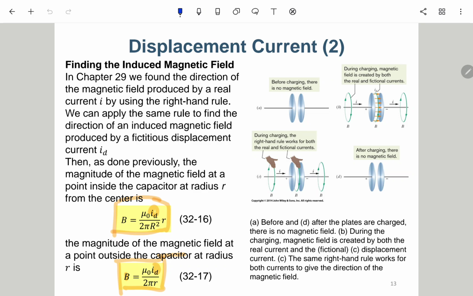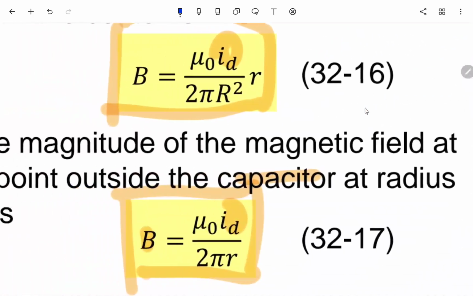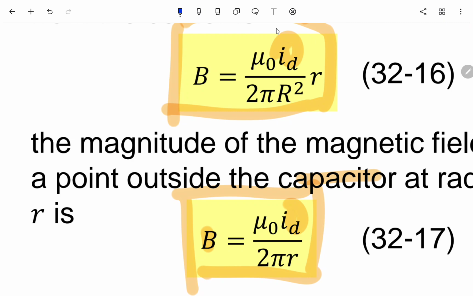But here we don't have a wire. What we consider here is a capacitor. So here we try to draw an Ampere loop. As you know, the Ampere loop is not a physical loop. It can be an imaginary loop. If we consider an Ampere loop which is smaller than the radius of the capacitor, so this is inside, the B field is this one.